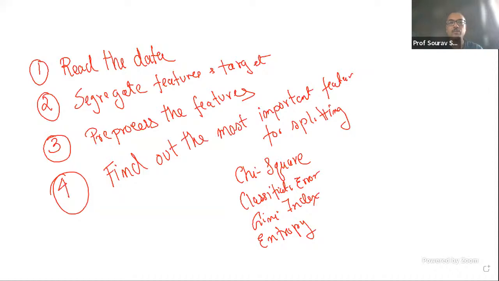Fair enough, Shans, we'll do that. Kunal is asking about chi-square. Okay. Gini index, very good. Anyone else?